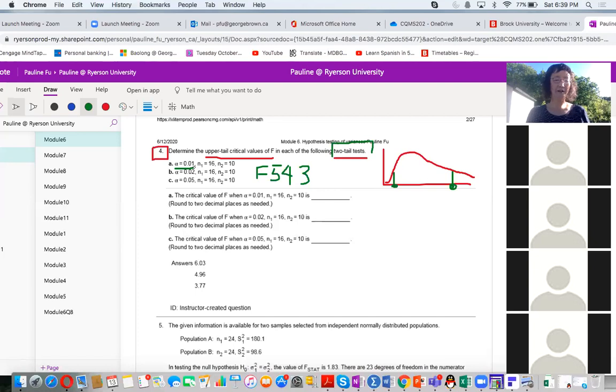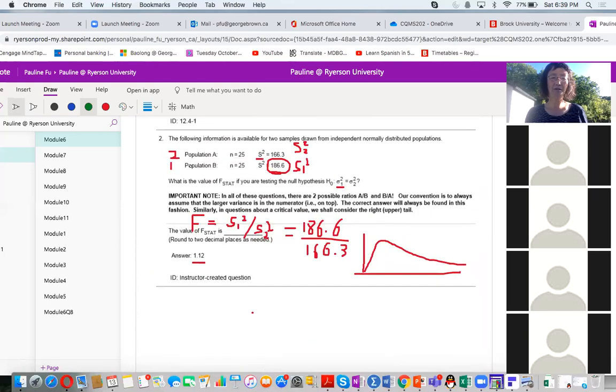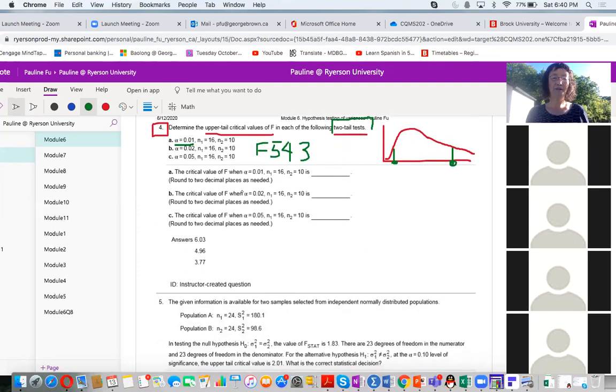that is area, and then you have NDF, means degree of freedom for numerator. Remember what is F? F equals S1 square over S2 square. What is S1 square? Sample 1 variance. S2 square, sample 2 variance. Okay, so NDF means what's the degree of freedom for sample 1? Okay, so let's go back to question 4.